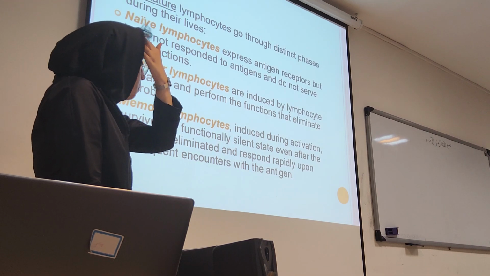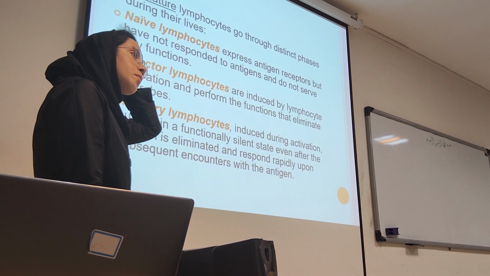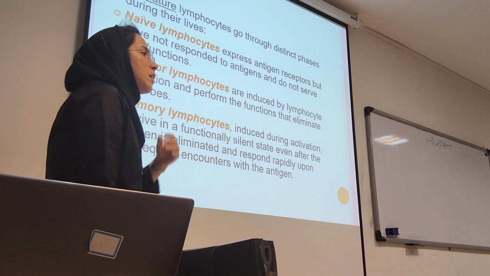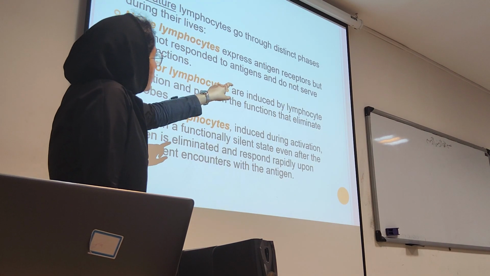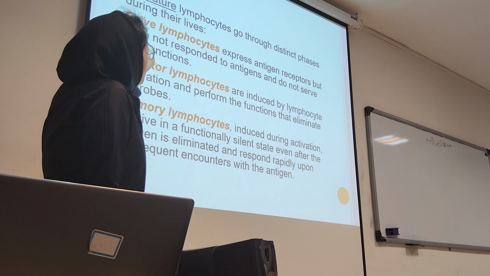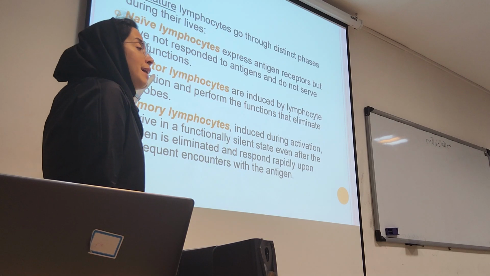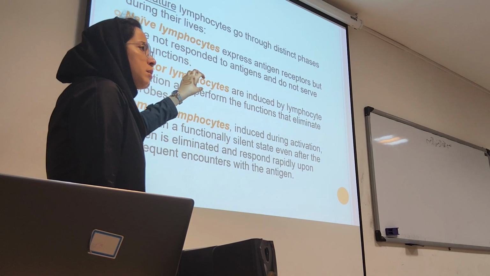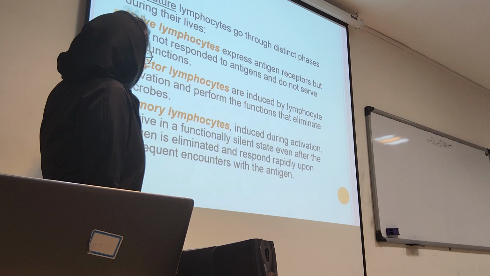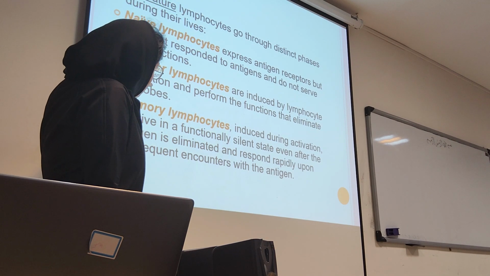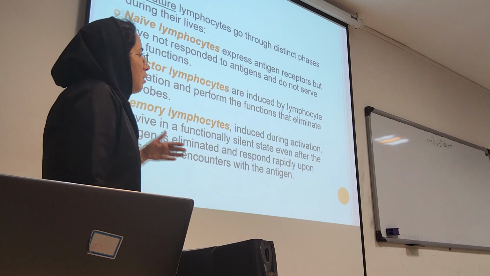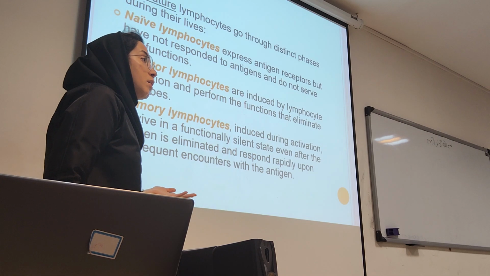It is mature, but it didn't recognize the antigen yet. It has a receptor for the antigen, but it has not met the antigen yet. And after meeting the antigen, it becomes effector.